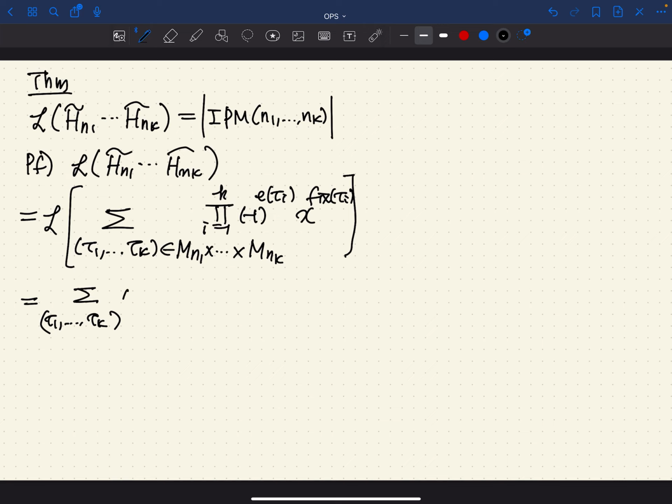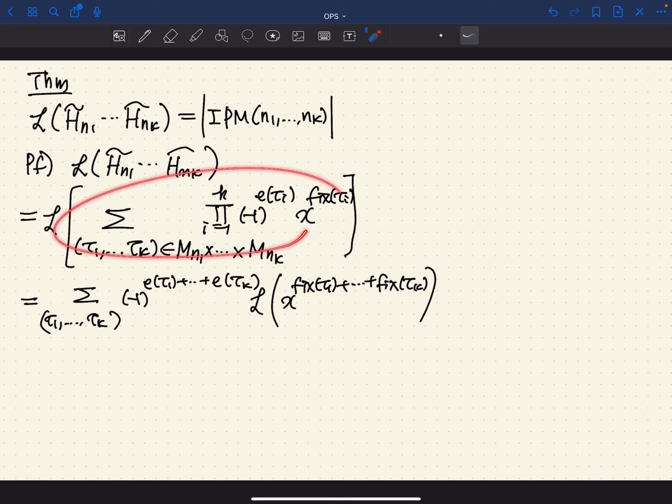So this is by the linearity. Let me just write it this way. And now we have L of x to the fix tau 1 plus dot dot dot fix tau k. I just used the linearity of the linear functional.